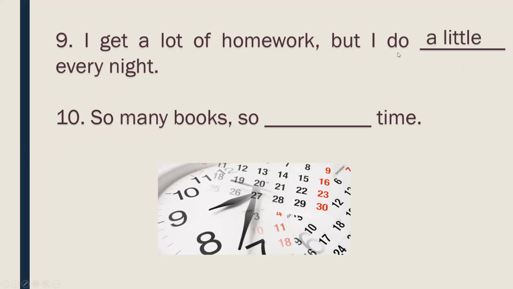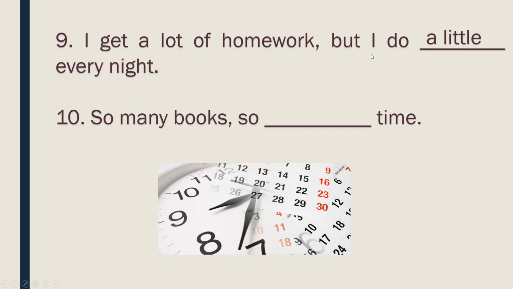So I can say, I do a little every night. Okay, to say that I do a small amount every night. Why a little? Because it's uncountable. Okay, I can't say a few. A few is for countable. Here it's uncountable, so I do a little.